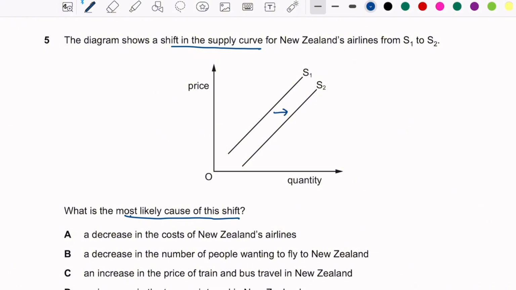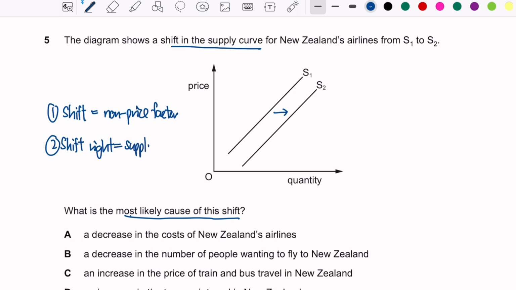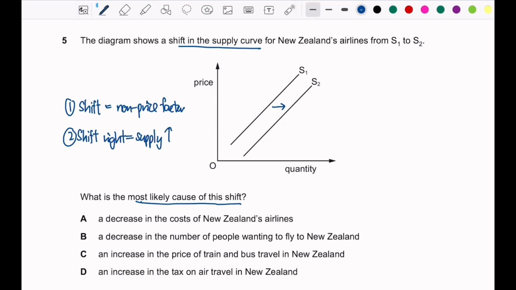So the first one, when you see shift, this keyword suggests that it is a non-price factor. And second condition is shift right. Yeah, we draw an arrow here. So shift right means the supply increases.